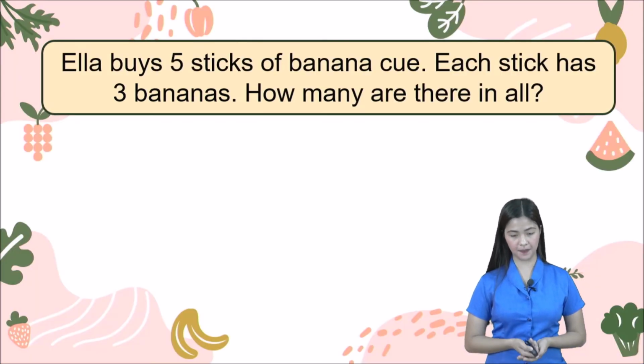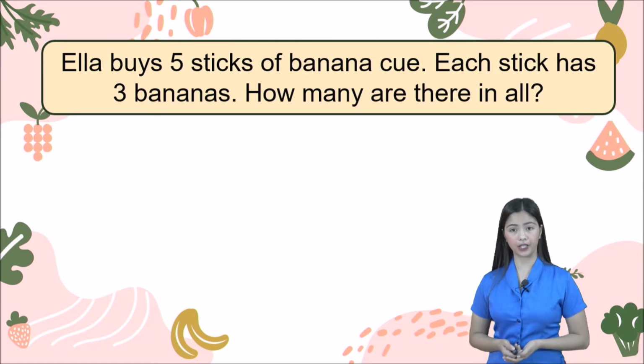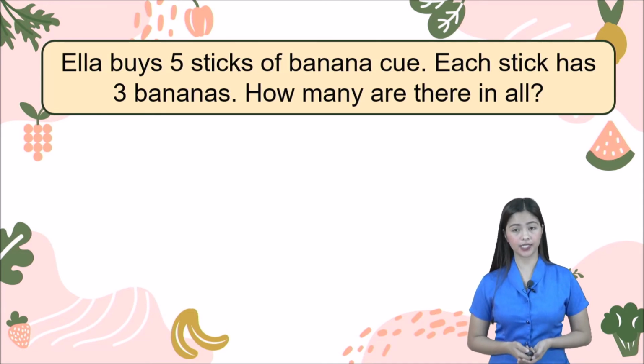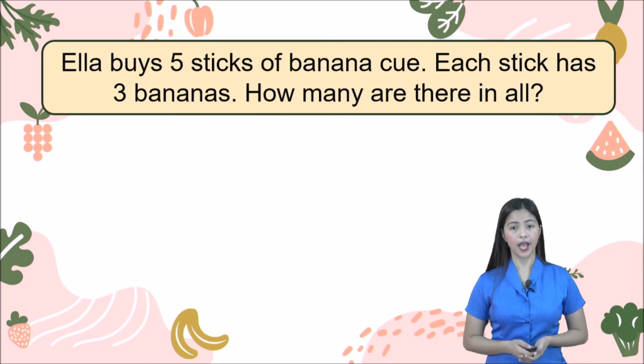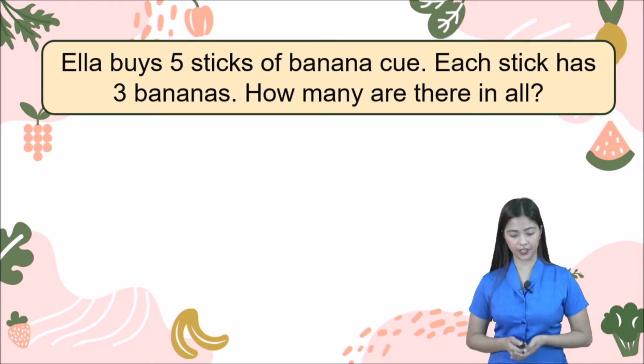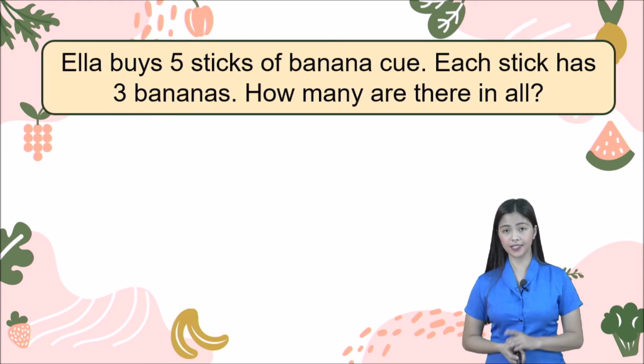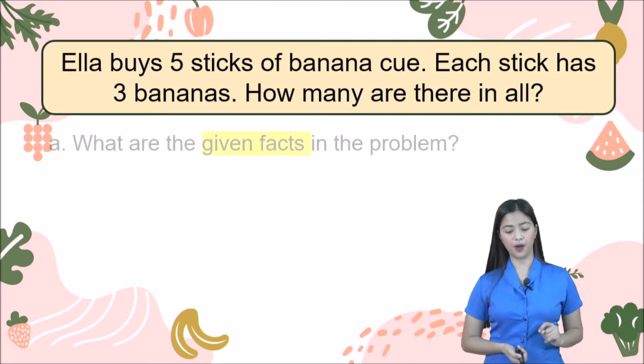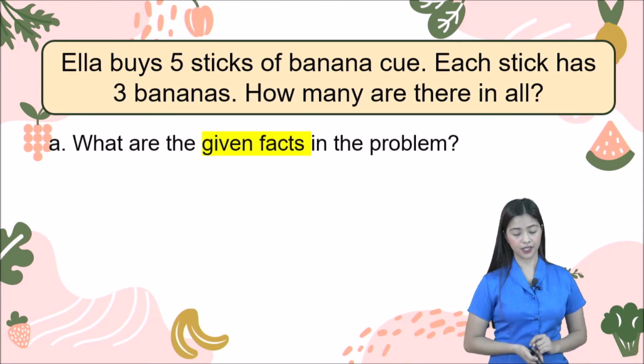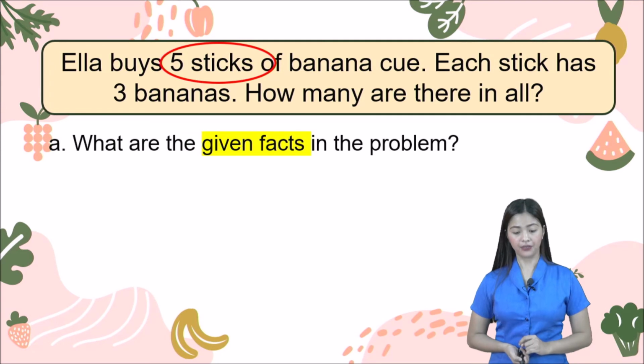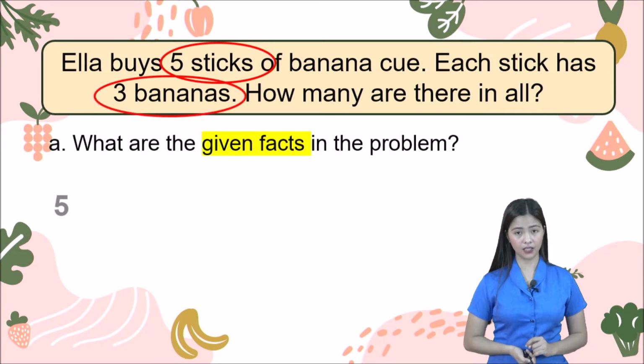Okay, let's repeat the problem that is being asked. Ella buys 5 sticks of banana Q, and each stick has 3 bananas. How many bananas are there in all? So first, let's do the first step. What are the given facts? So we have 5 sticks of banana Q and 3 bananas.